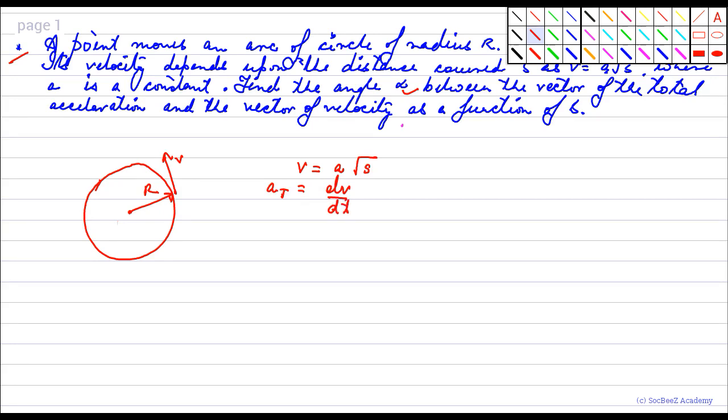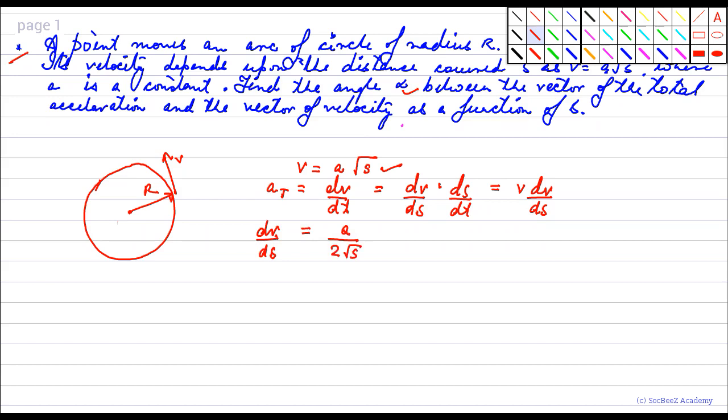Okay, and this can also be written as dv upon ds into ds by dt. Okay, this can be written as v dv by ds. Okay, fine. So from this expression I can find out dv by ds as a by 2 root s.